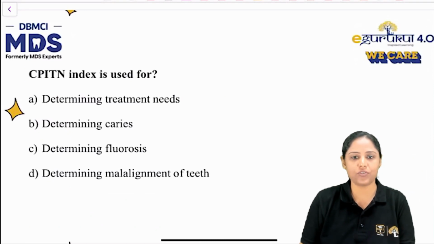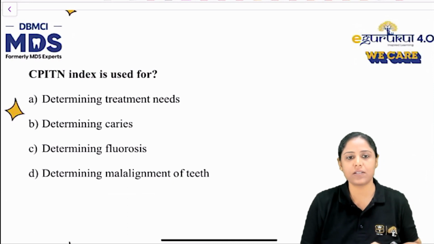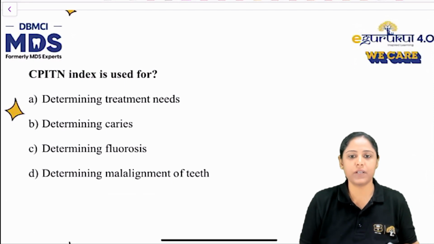So the first question is, CPI-TN index is used for. Is it determining treatment needs, or determining caries? Choice C, determining fluorosis, or determining malalignment of teeth. So what is the full form of CPI-TN?